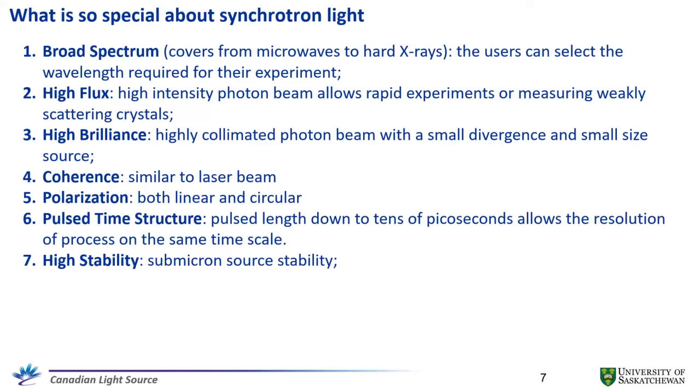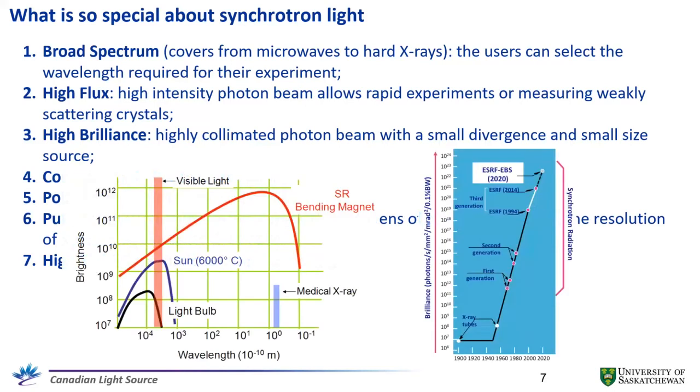Just imagine you need to do an experiment: if you use lab X-ray, the intensity is like this, but if you use a synchrotron, you have 3 to 4 orders of magnitude higher intensity.